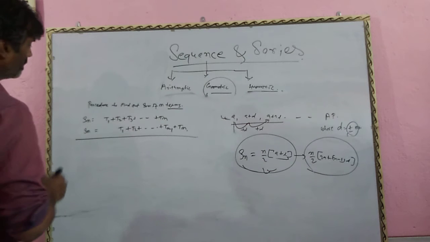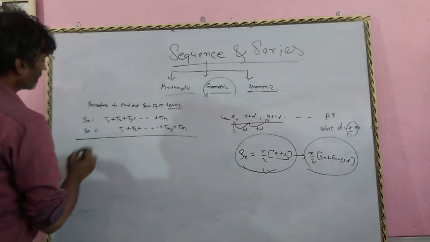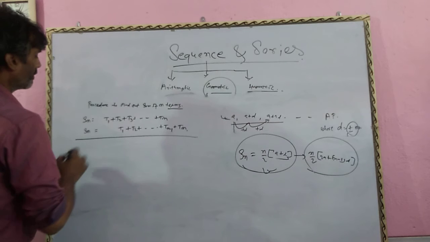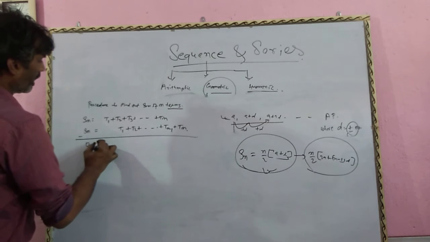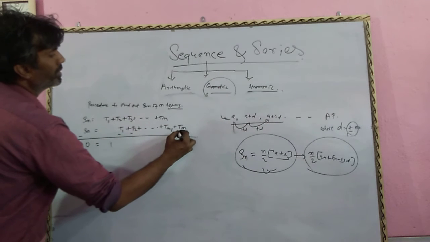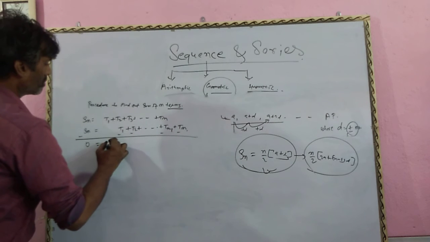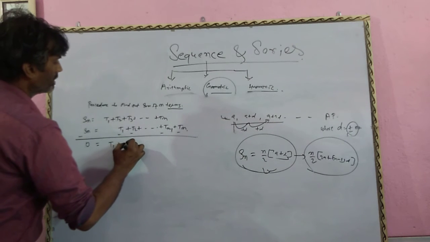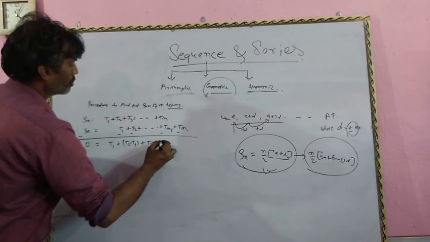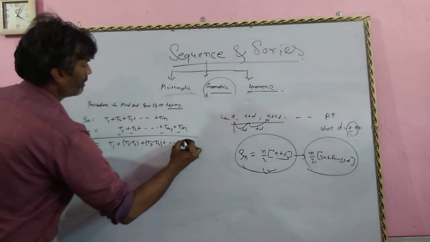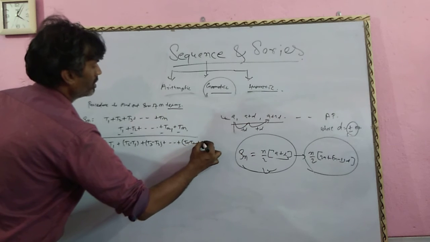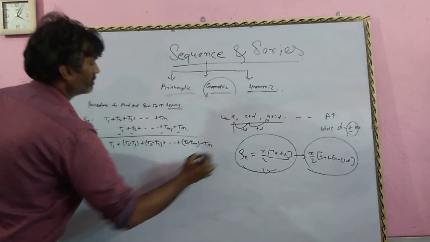when you subtract it, what would happen? This would be equal to 0, and this side every term will be minus, means T1 plus T2 minus T1 plus T3 minus T2 and lastly Tn minus 1, minus Tn.